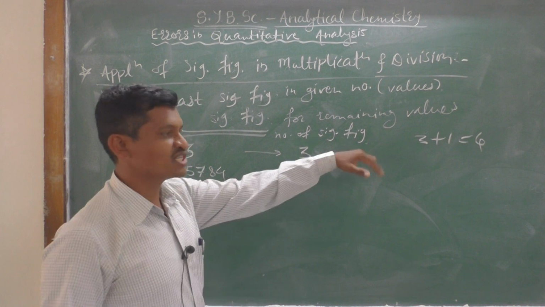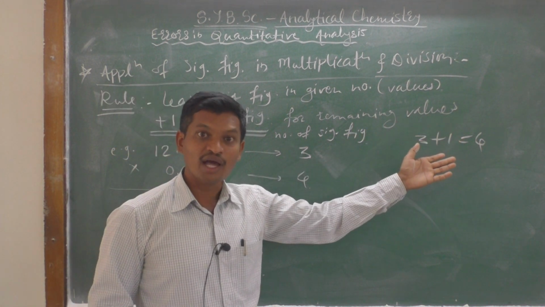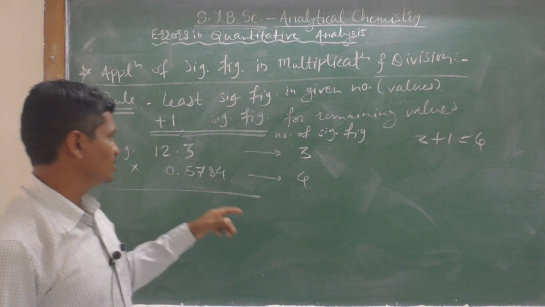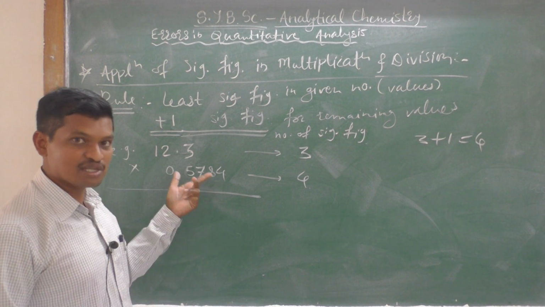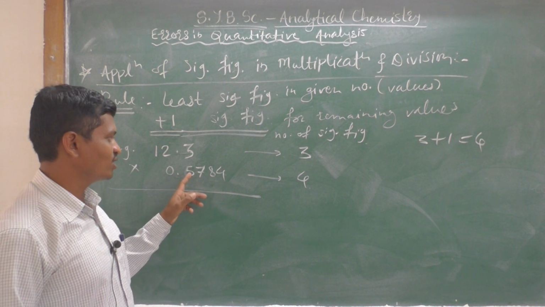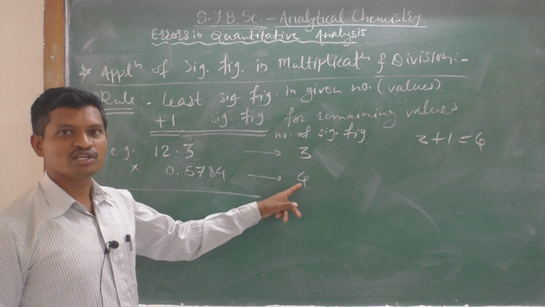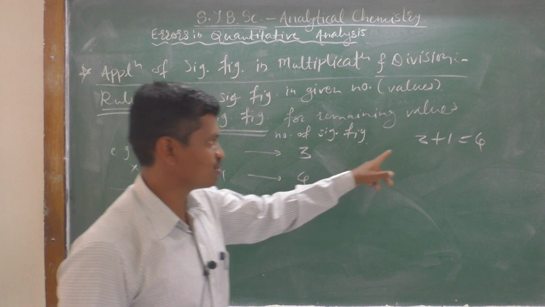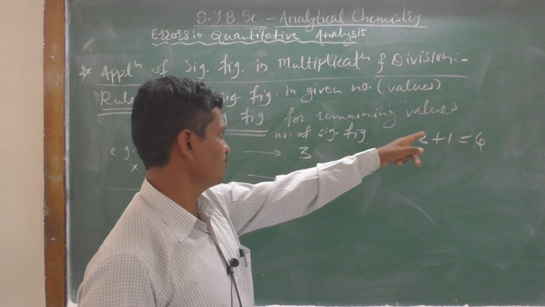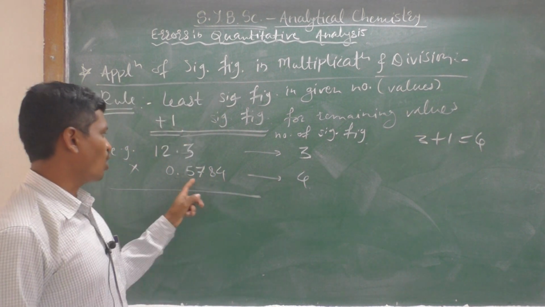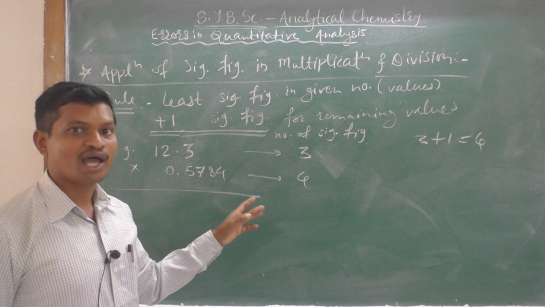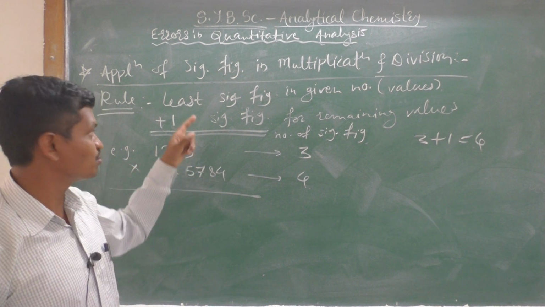So 4 significant figures are allowed for the remaining numbers in the calculation. As per this rule, 3 plus 1 is 4, so all these 4 figures can be allowed for the multiplication.